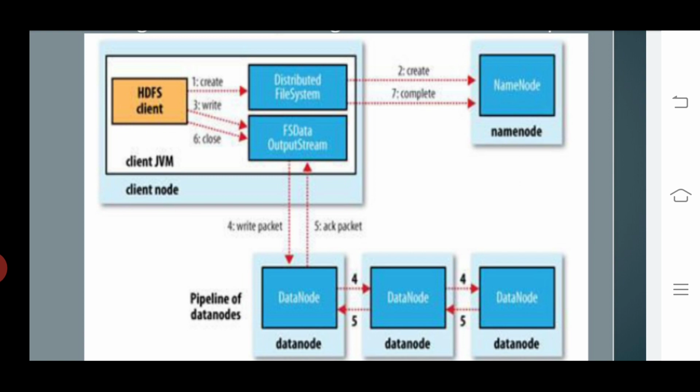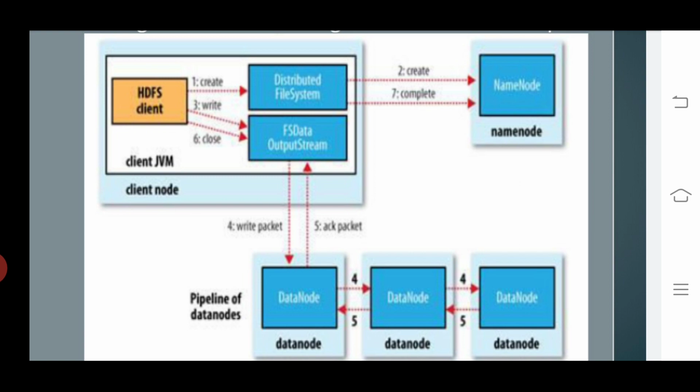And we have to learn about step 3. What do we have to do at step 3? As the client writes data, the DistributedFileSystem output stream splits it into packets, which it writes to an internal queue.